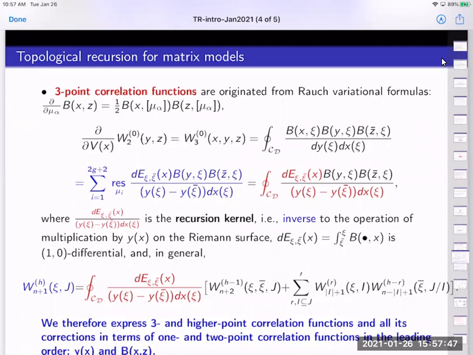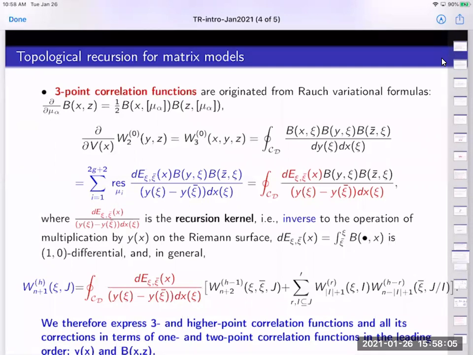There was this Rauch variation formula of the 40s of the 20th century: how we can vary the Bergman kernel, let's call it this way, with respect to the position of branch points.